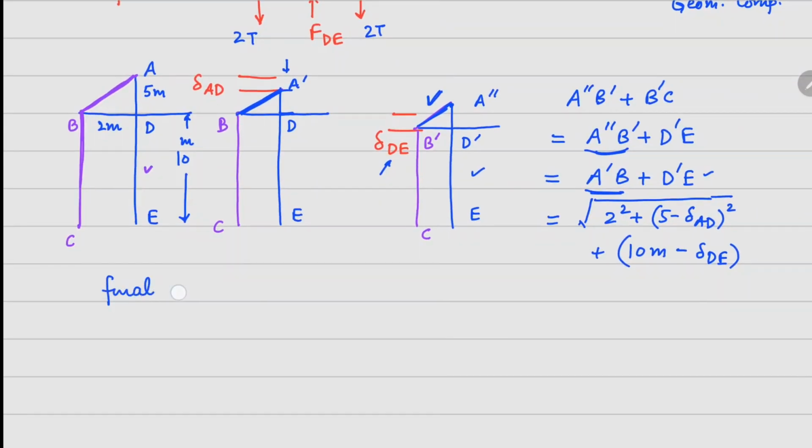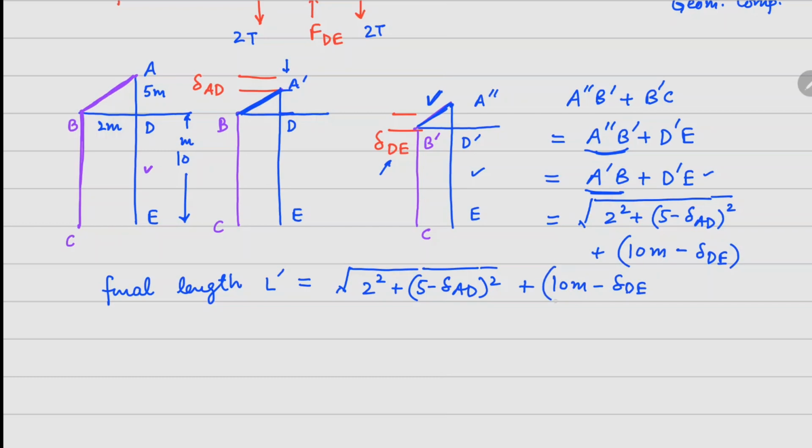Final length L dash equals square root of 2 square plus (5 minus delta AD) whole square plus 10 meters minus delta DE.